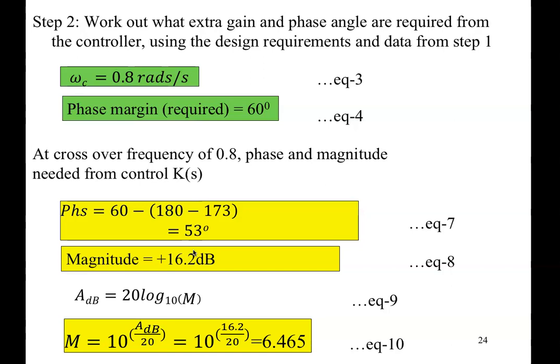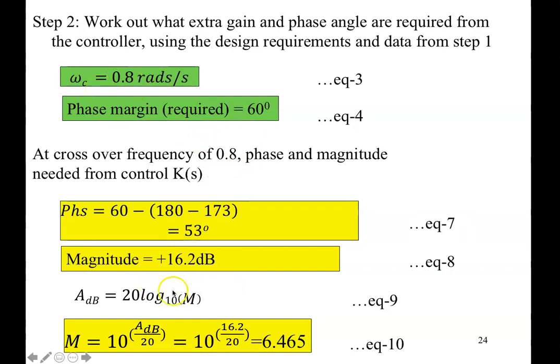So add together, you get 0 dB. Okay? 0 dB, that's where the crossover frequency will be. So I want my magnitude from K(s) to have a gain of 16.2 dB at the crossover frequency, that's omega c.